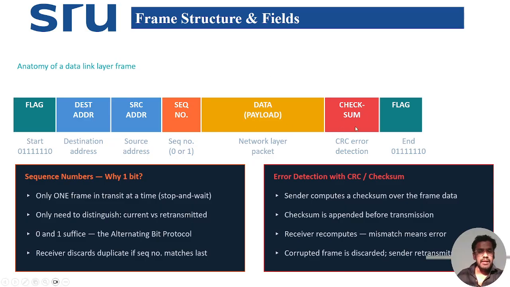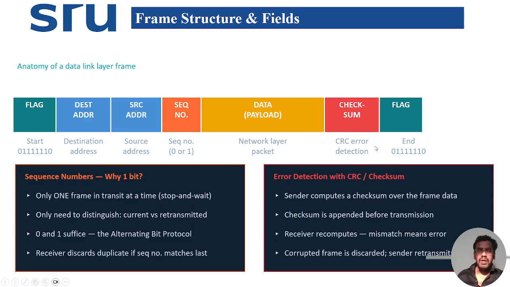And this is the end section, with methods for detecting errors, like the checksum method or cyclic redundancy check. The sender calculates the checksum. In the last lecture we discussed this error detection method.